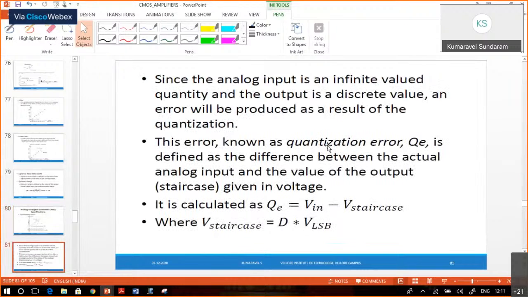Since the analog input is an infinite valued quantity and the output is a discrete value, an error is produced as a result of the quantization. This error, known as quantization error, is defined as the difference between the actual analog input and the value of the output given in voltage. So QE is V in minus V staircase. That staircase voltage is based on the decimal value of the digital code times the LSB, V LSB.